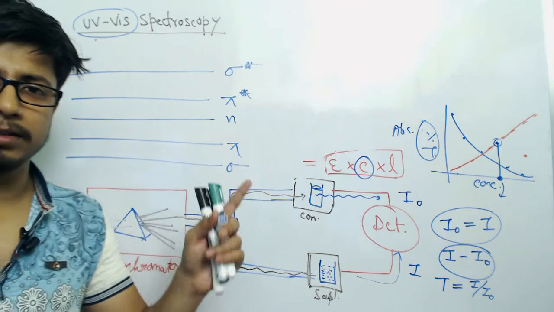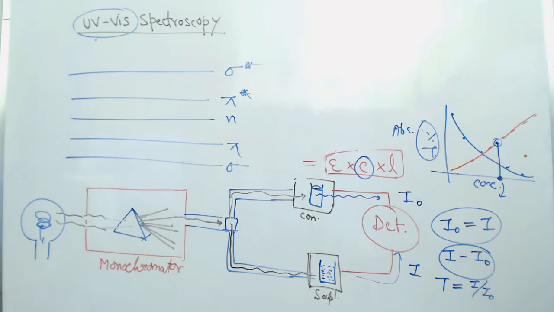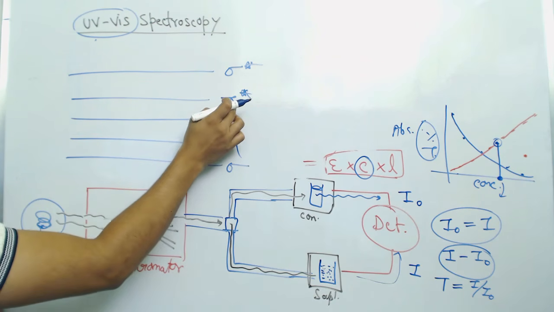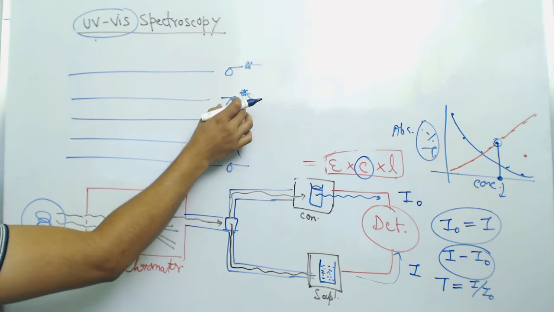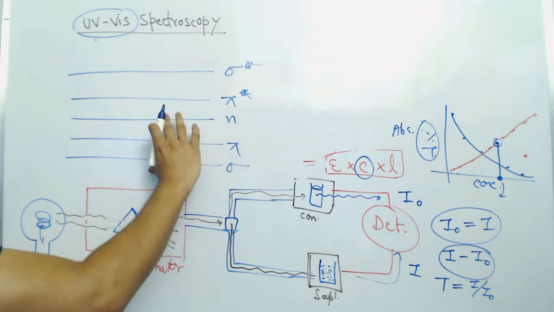This is almost the simplest idea of how the energy states look. So we have the sigma, pi, N, which is non-bonding, and then pi star and sigma star. These are antibonding, but these are the bonding.